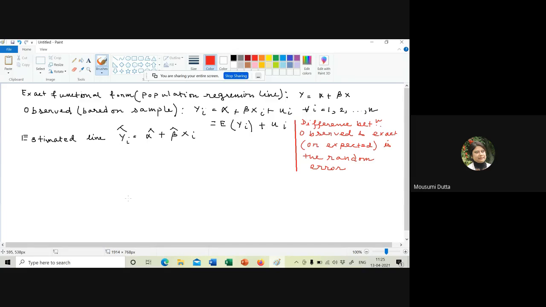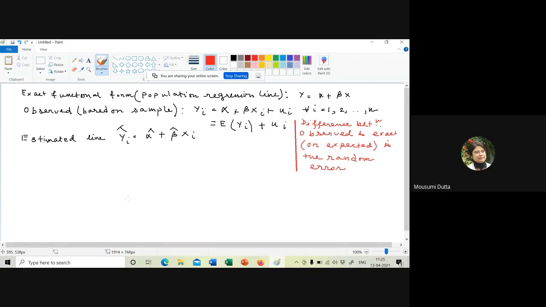Okay, by this time you understand y is the explained or the study variable, x is the explanatory variable, regressor of the model. So to begin with, to keep the things simple, we are considering a single explanatory variable x.